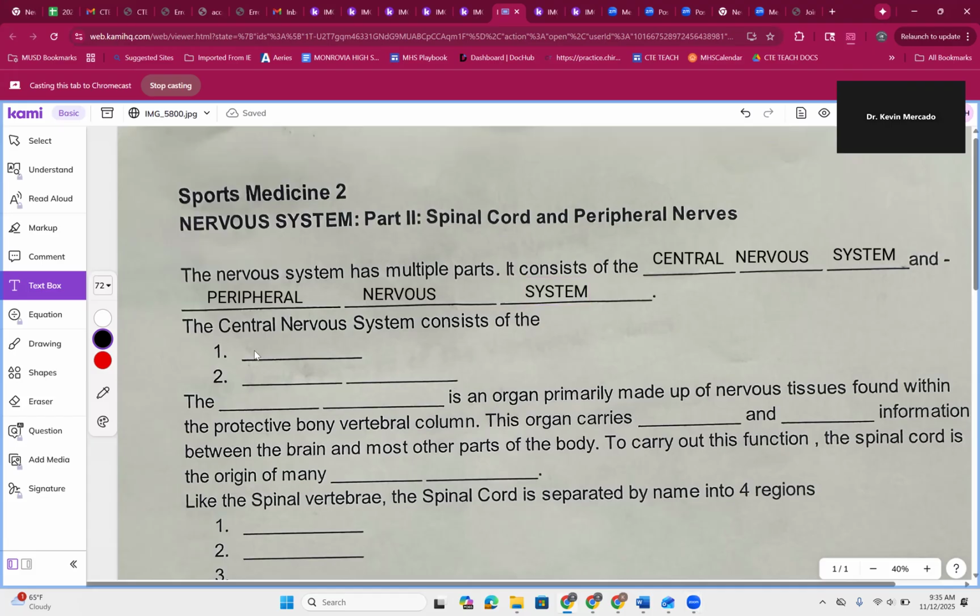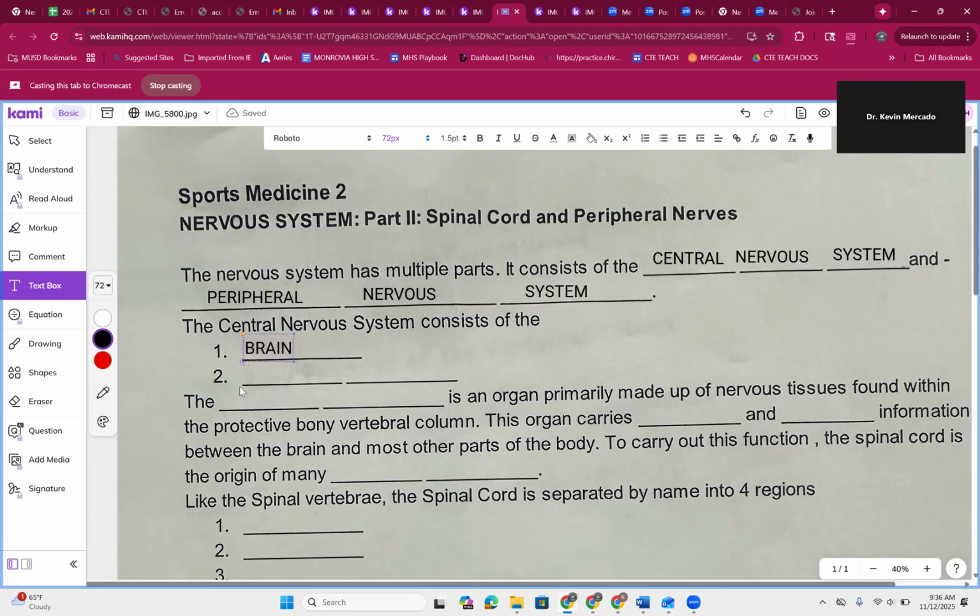Okay, sorry about that. The central nervous system consists of the brain and the spinal cord.